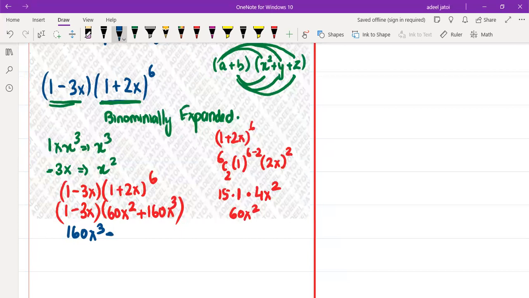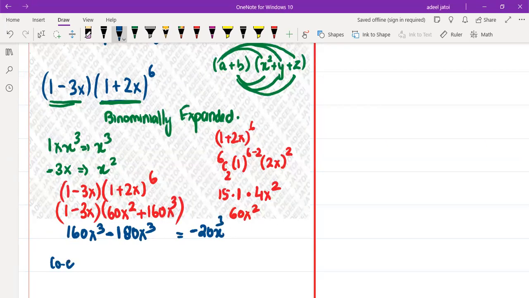Minus 3x multiplied by 60x square will be minus 180x cube. Minus 3x multiplied by 160x cube is not needed because you don't need x to the power 4. So the answer for this should be minus 20x cube.